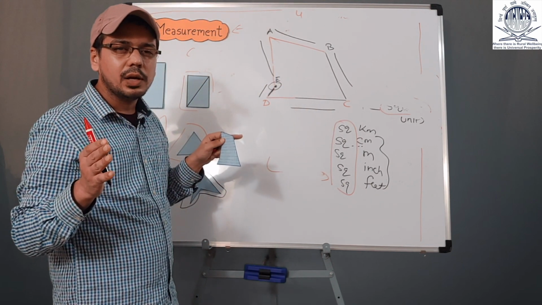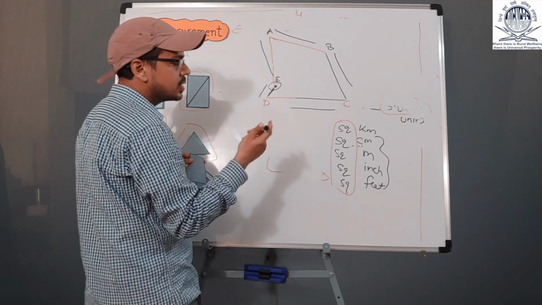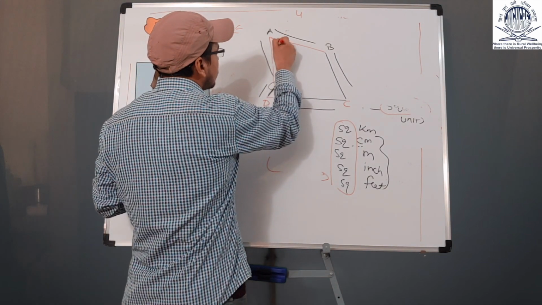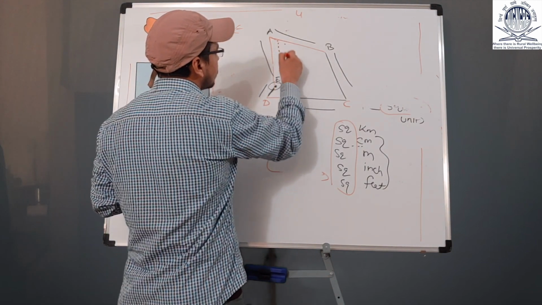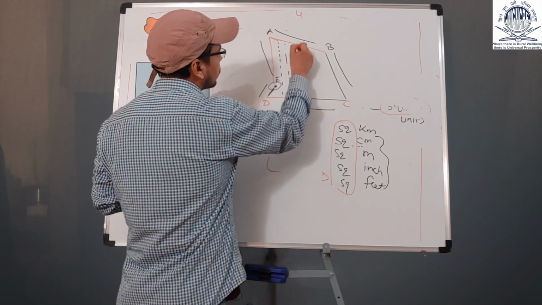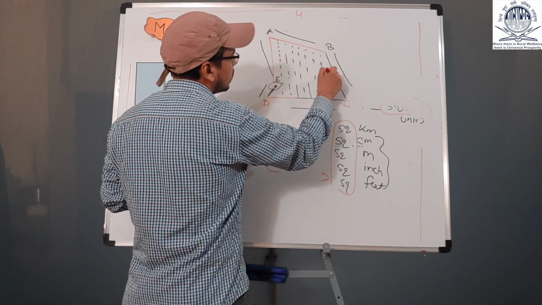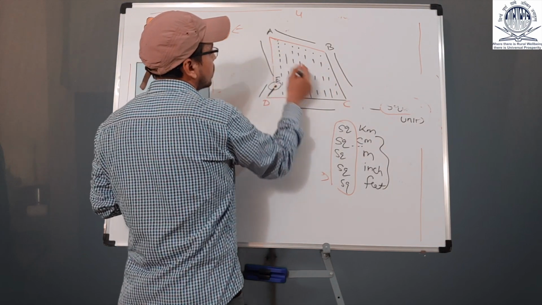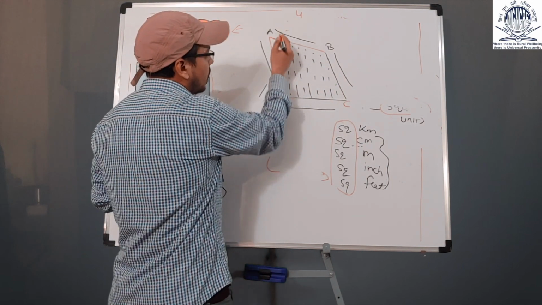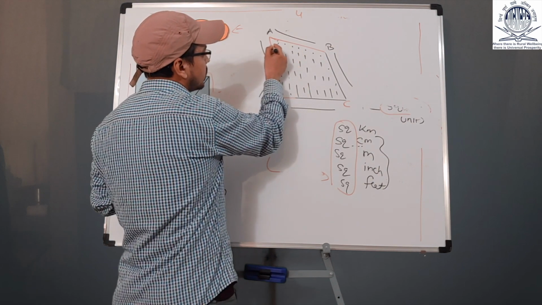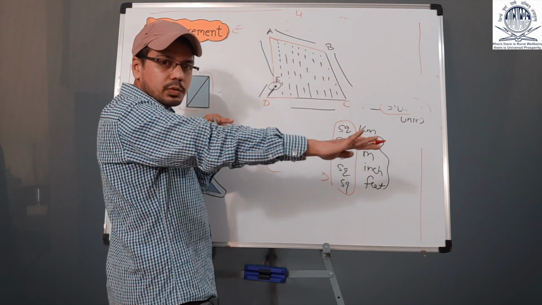But what about the area? So for area, I'll divide it into a number of horizontal lines like this, and then probably I want to divide it into vertical lines, sorry, these were the vertical lines. I'll divide into vertical lines like this, and horizontal will be like this.